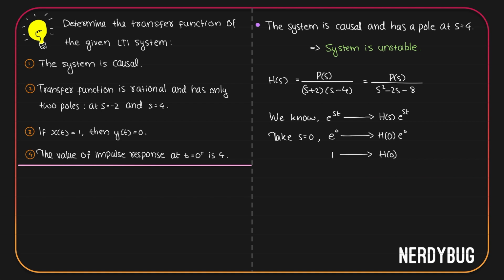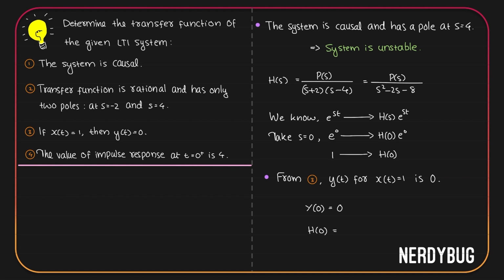It is given in the question, if x(t) is 1, then y(t) is 0. If we take the Laplace transform, we can write Y(0) is going to be 0. We took Y(0) because the whole thing came from the assumption that s is equal to 0.